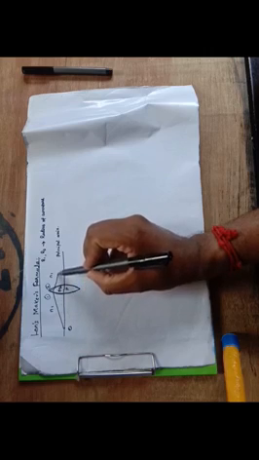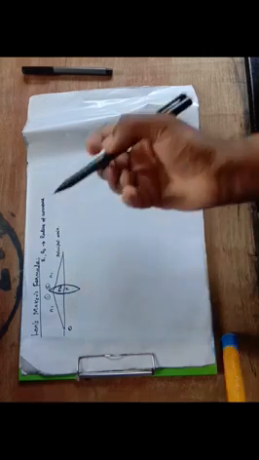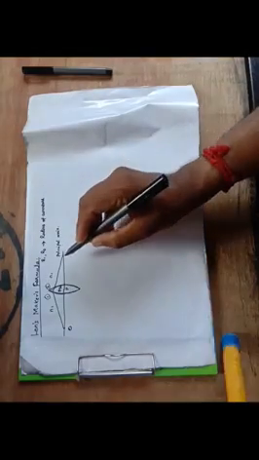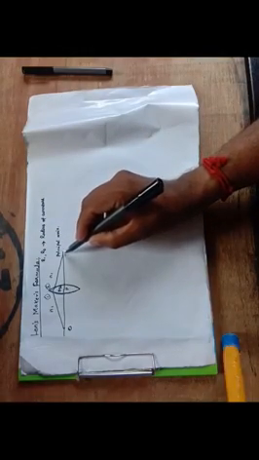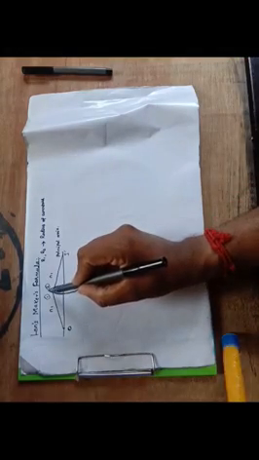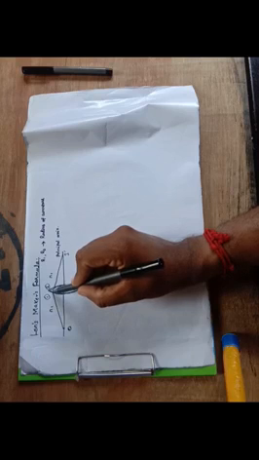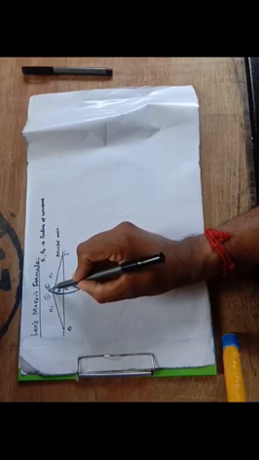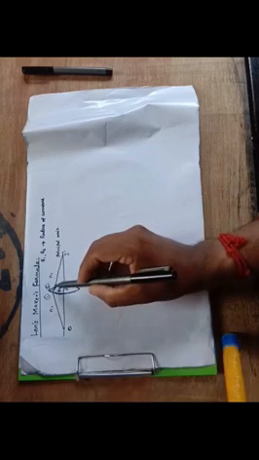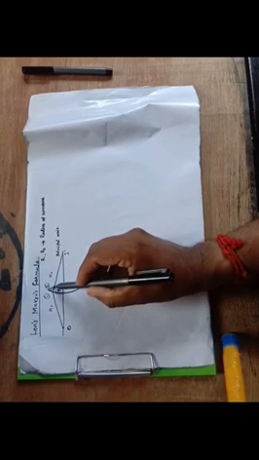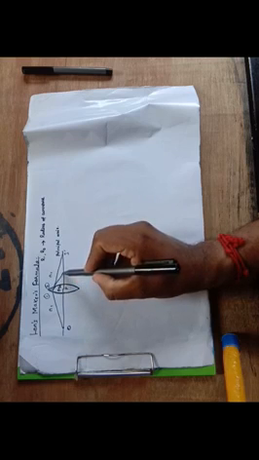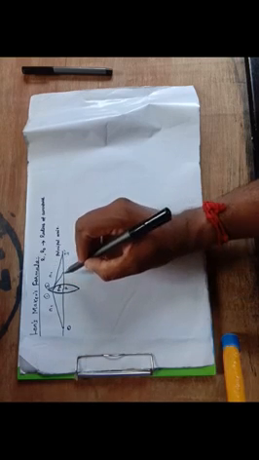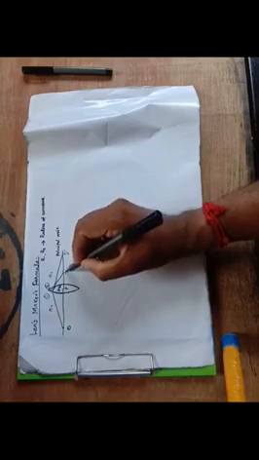That refracted ray is incident on the principal axis and produces the image, that is I dash. Then the ray is also refracted at point 2, and it produces the image at the focal point, that is I.